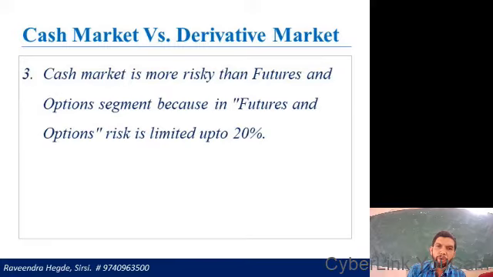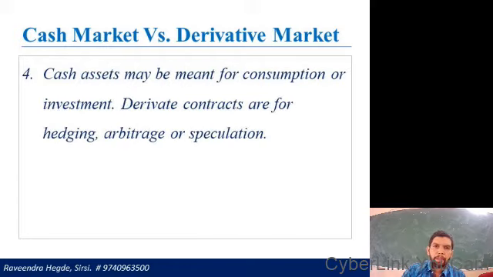Cash market is more risky than F&O, futures and option segment, because in futures and option risk is limited up to 20%. The risk is limited up to 20%, but in cash market there is no limit, so there is more risk. Cash assets may be meant for consumption or investment.